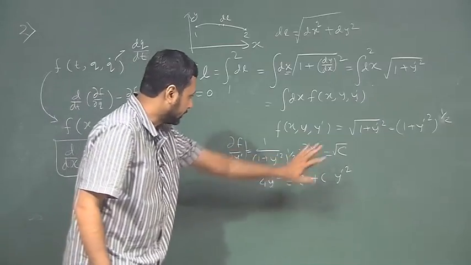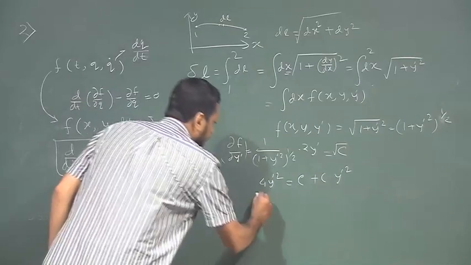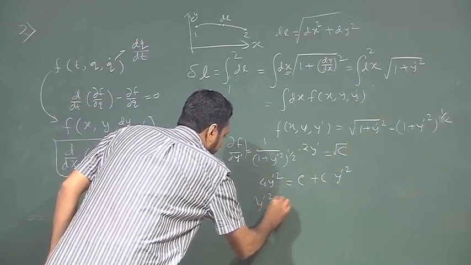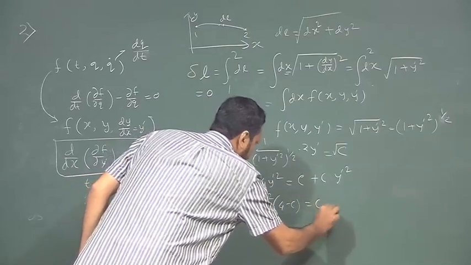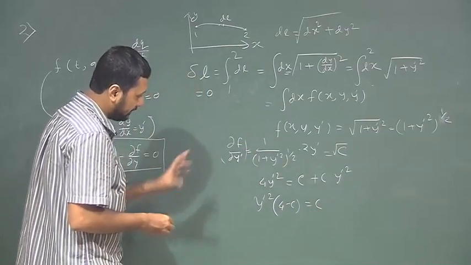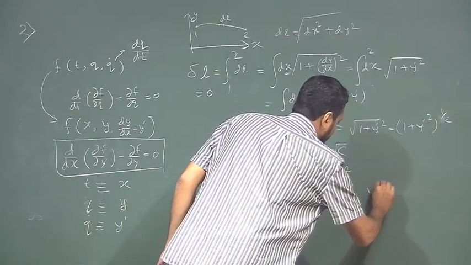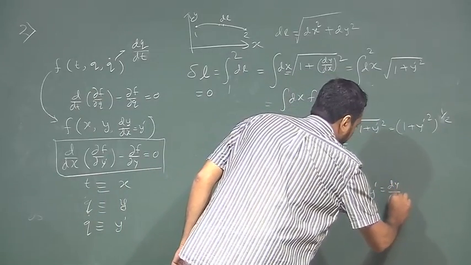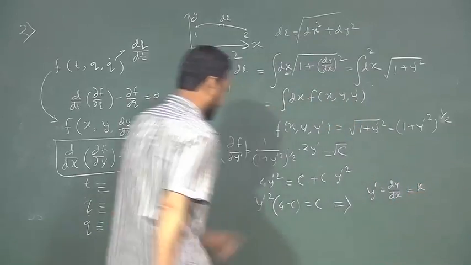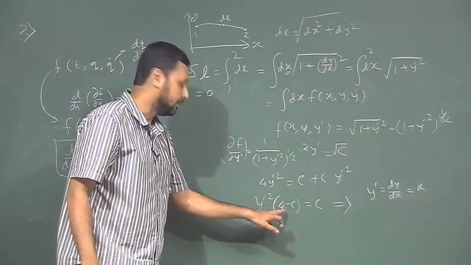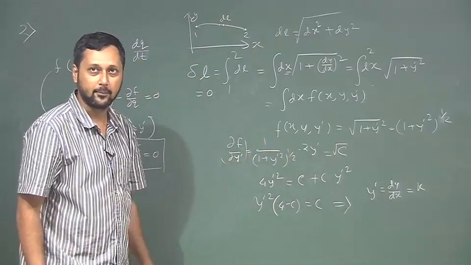This is an arbitrary constant anyway. So, if I change sides, we get y dash square into 4 minus c is equal to some other constant. So, essentially what we get from here is y dashed, which is dy dx, is equal to some new constant k, just by changing sides. So, it will be root over c by 4 minus c, which we can call k, and that is it.